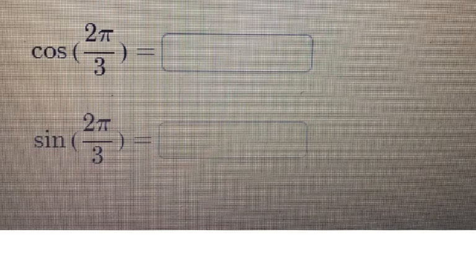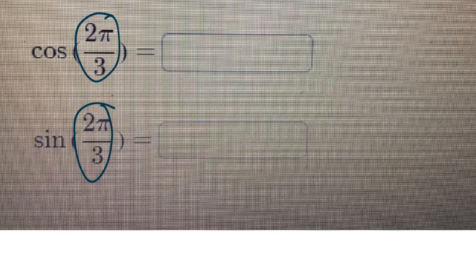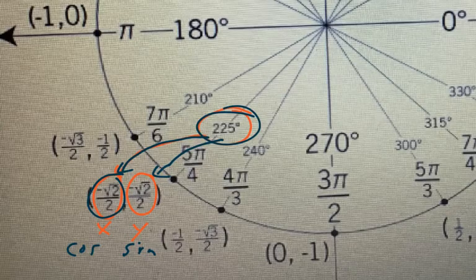Okay? All right, let's try another one. This time they're giving us what we call radians. It's just another way of saying angles or degrees, guys. So we're looking for 2 pi over 3. And remember, x is your cosine, y is your sine. So watch this again. It's really this simple, guys. You ready? We're looking for 2 pi over 3.